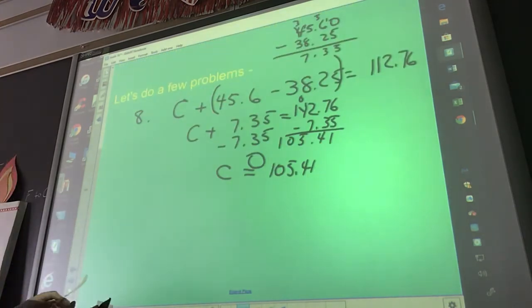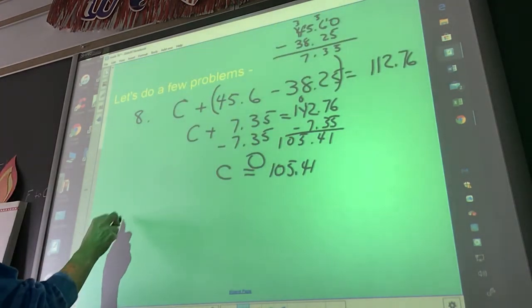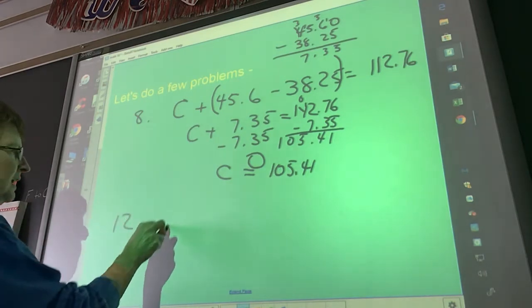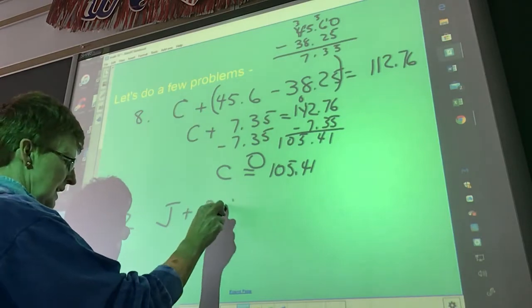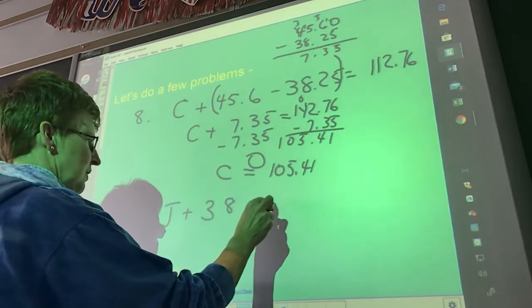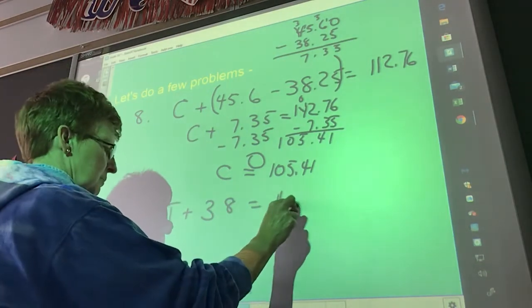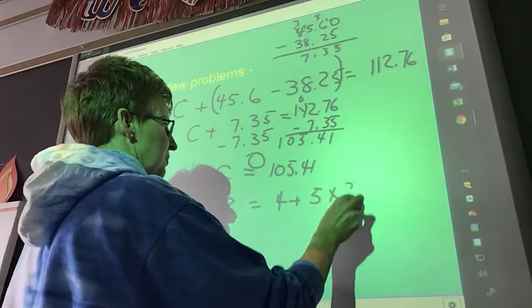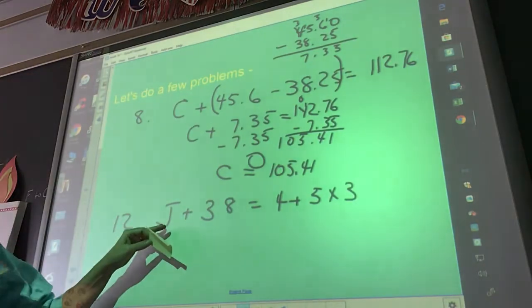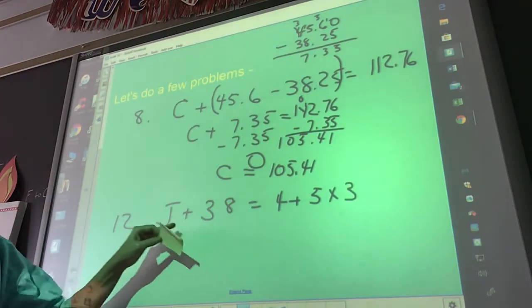We're going to do number 12. So look at number 12. They give us a different letter. It's J. J plus 38 equals 4 plus 5 times 3. Okay, so we need to get the J by itself.